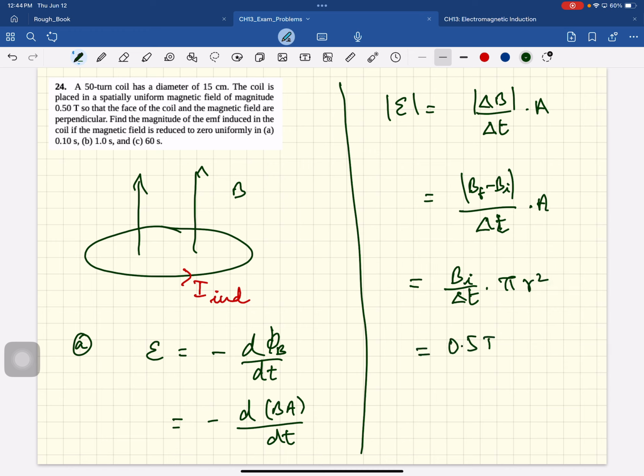0.5 Tesla, and we're going to make it 0 in 0.1 second. The radius r is 7.5 centimeters. Yeah, that's 10 to the minus 4.